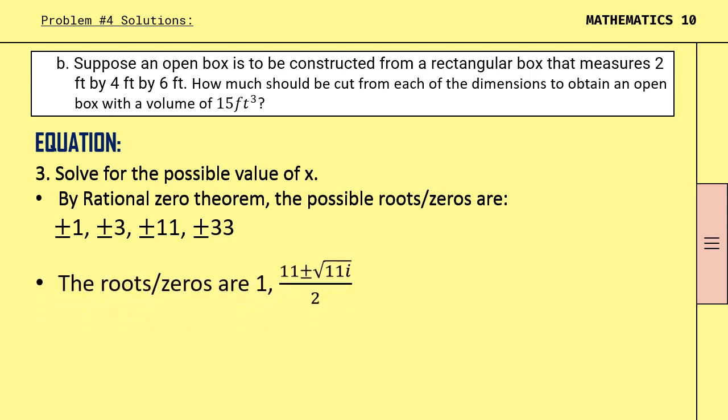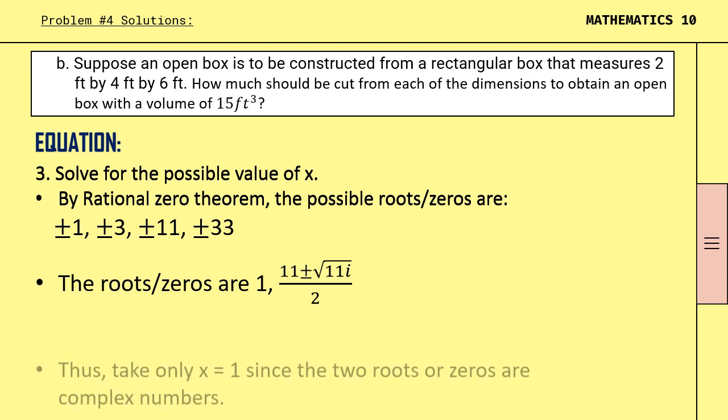Okay, so next, after the synthetic division, we will be able to find out the roots or zeros are 1 and another one that is irrational, or let's say complex zeros or roots.